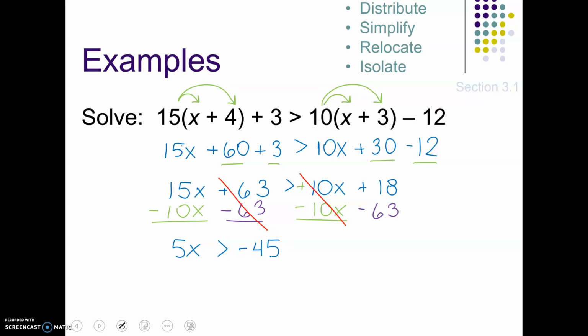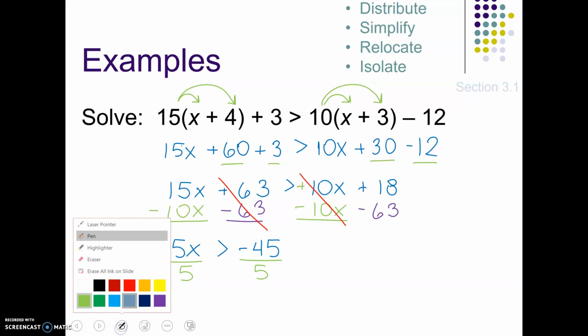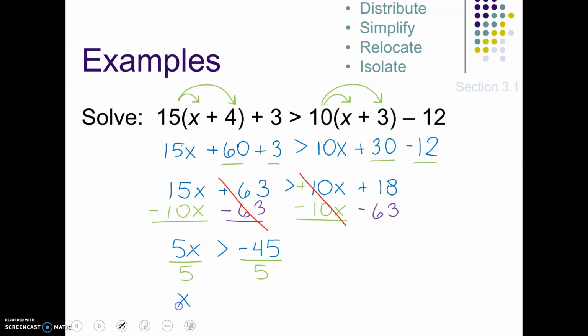And so now I see my letters on the left, my constant number on the right, and my last step is to isolate. So I want to get that x by itself. Right now, there's a 5 attached to it with multiplication, so I'm going to detach with division. And I will do that to both sides to maintain the balance. And so now I've got x on the left, greater than negative 45 divided by 5, which is negative 9.